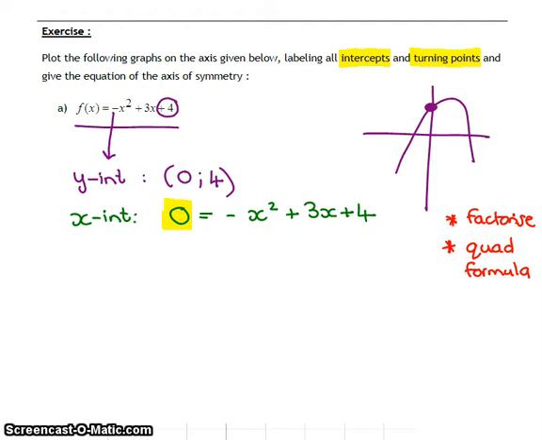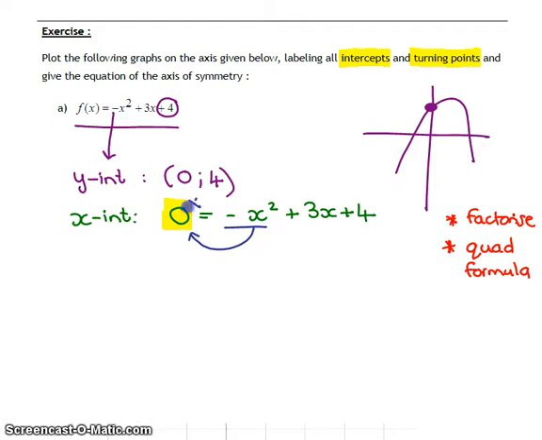I'm going to factorize. Now, the first thing I notice is I have a negative coefficient for x squared. I don't particularly like factorizing when I have a negative coefficient of x squared. So I'm going to move everything to the other side of my equation simply to get my x squared with a positive exponent. I could also think of it as multiplying by -1.